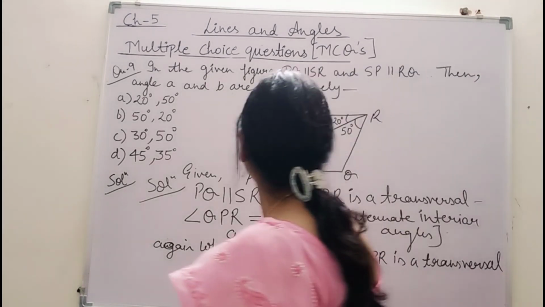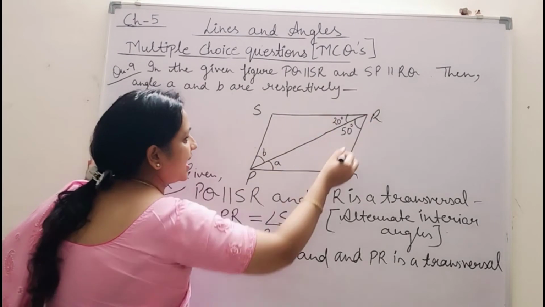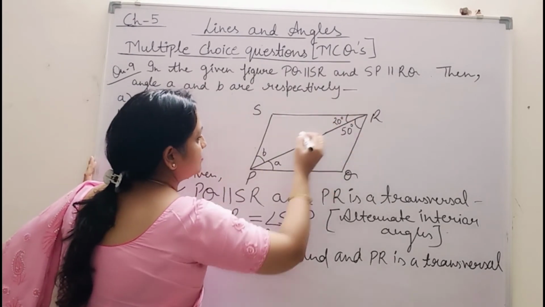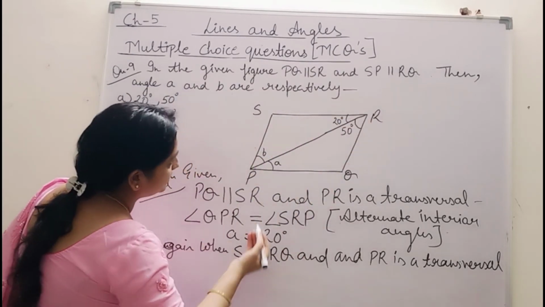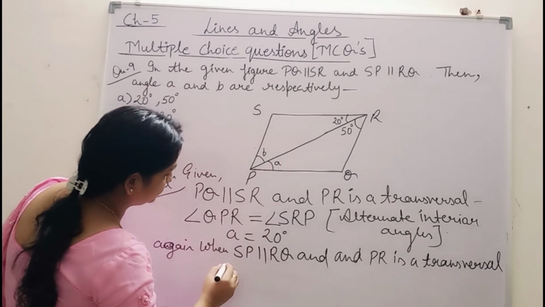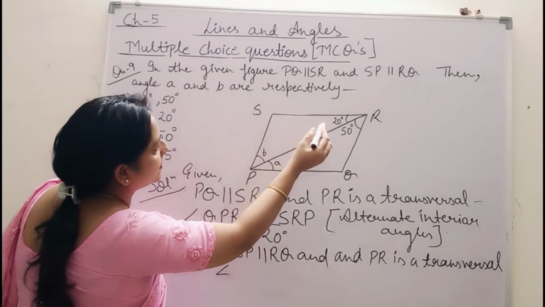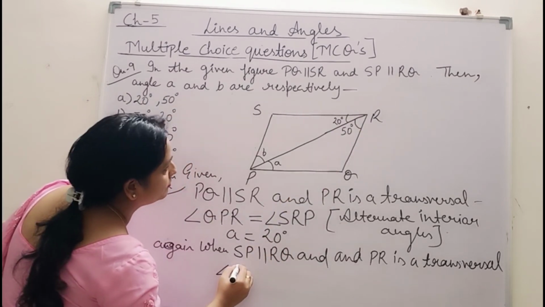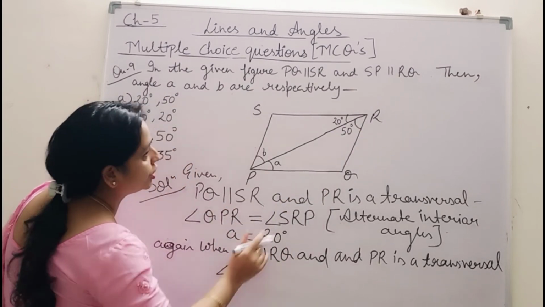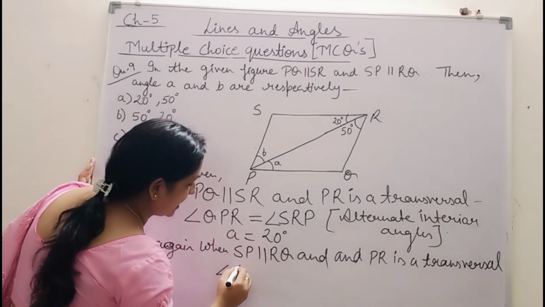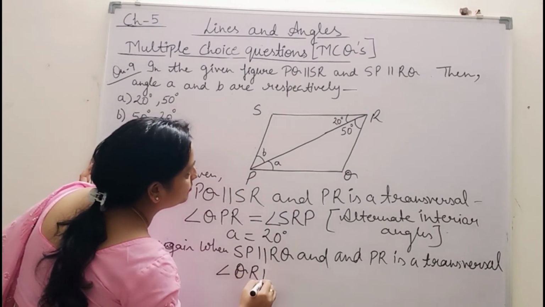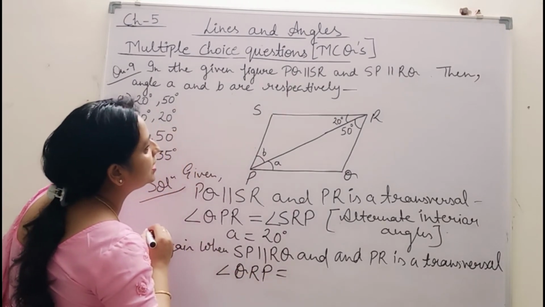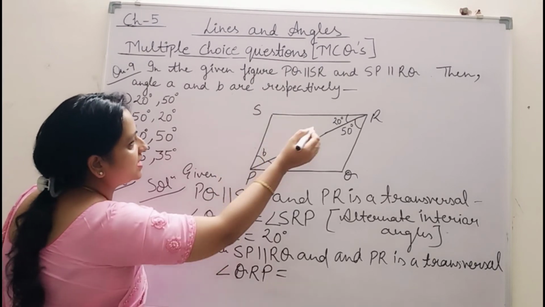So when SP is parallel to RQ and PR is a transversal, angle QRP is equal to angle SPR.